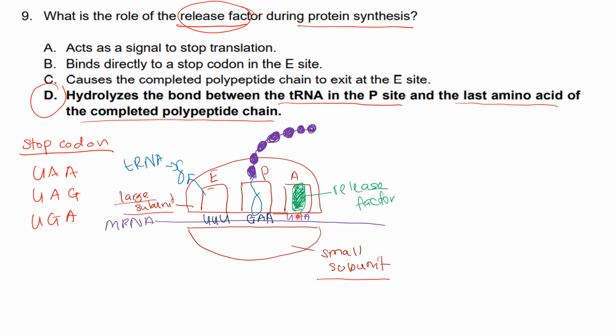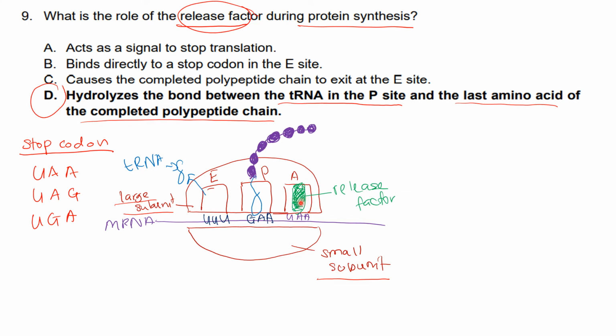But if the codon is a stop codon, there are three possible stop codons that you have to remember: UAA, UAG, and UGA. If one of the stop codons enters into the A site, this indicates that termination will occur. A release factor, which is a type of protein, will enter into the A site.